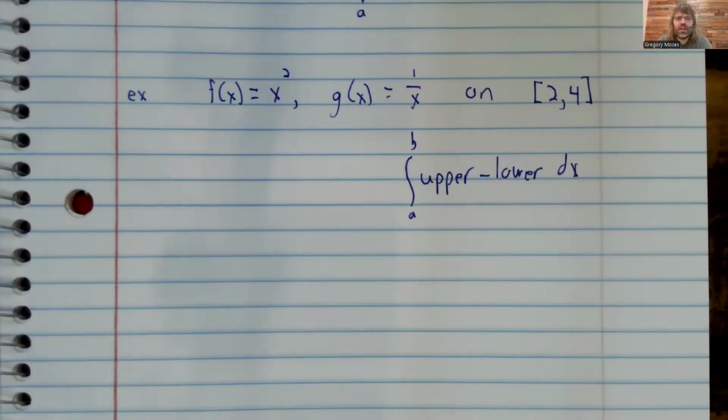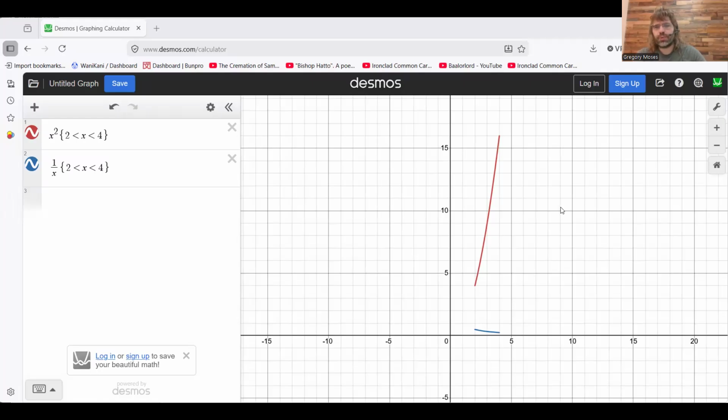Maybe it's intuitively obvious. Maybe it's not. We could graph it. If we graph it, we see that the quadratic x squared is bigger than the inverse function 1 over x on the interval from 2 to 4.